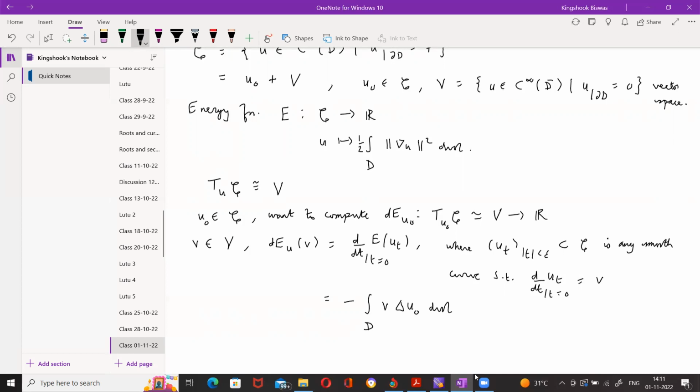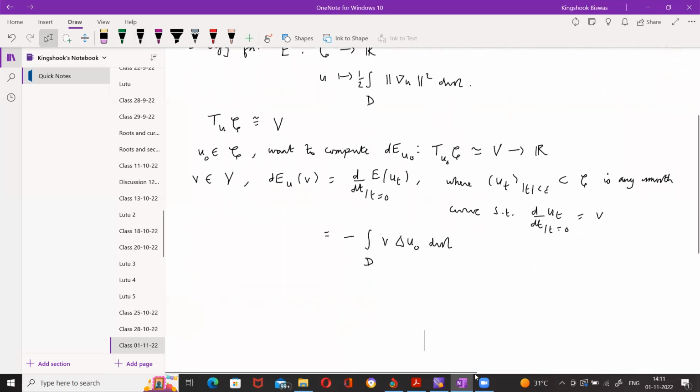Now, since this is an affine space, the tangent space at each point is this vector space. The vector space is a subspace of the space of smooth functions. Well, it's not a Banach space, it's a Fréchet space. But we can still put an inner product on it, the L2 inner product, right?